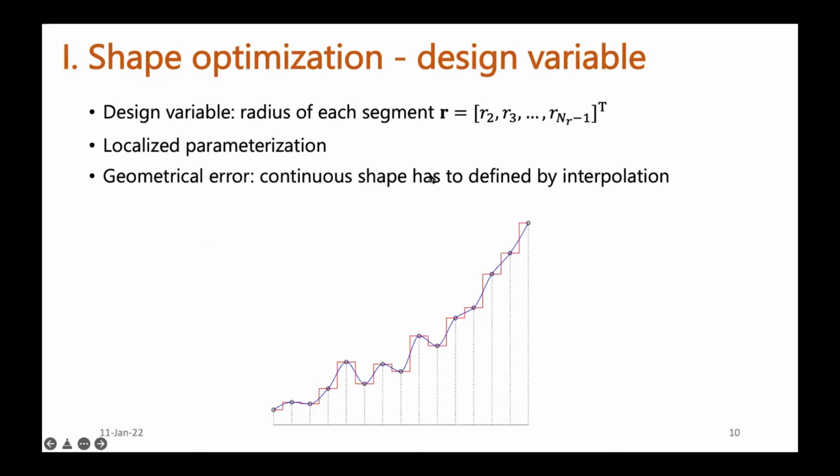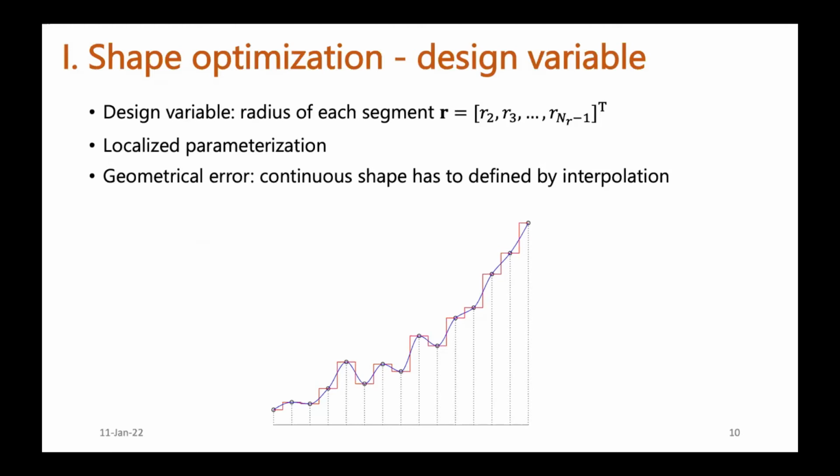But this model will induce a geometrical error, which means the exact model we obtain is the discrete one, not a continuous shape.